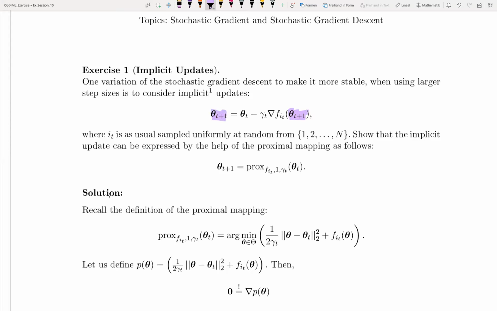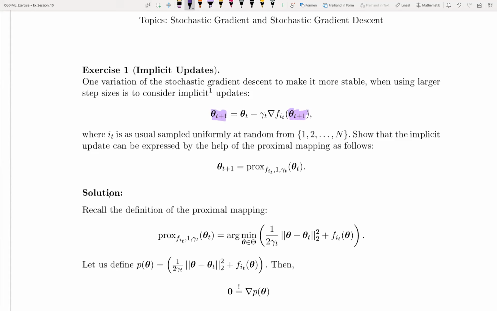So an implicit update in the sense that we have to solve at first sight here again perhaps a non-linear problem, because the gradient of f_i evaluated at theta_{t+1} doesn't need to be linear. So we have to solve here a non-linear optimization problem or non-linear equation.